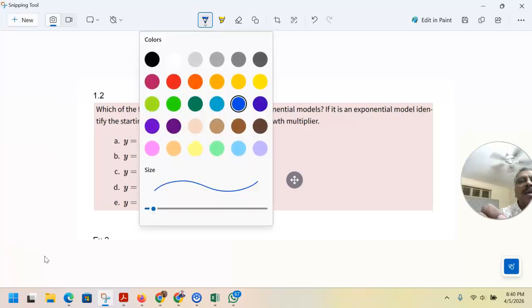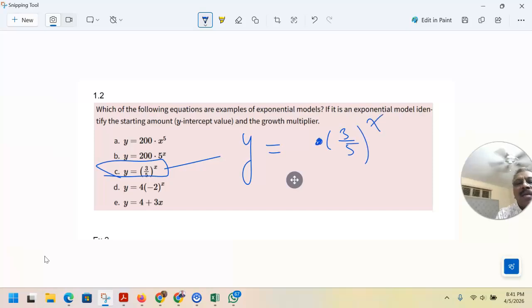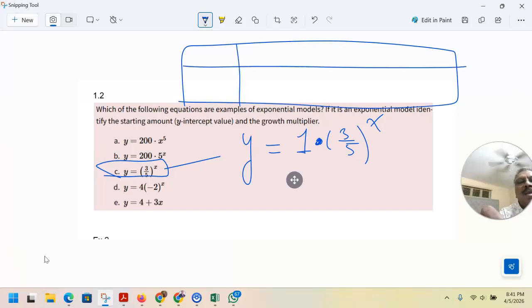Next is K. So now you already know what to do, right? So this is y equals, and there's no number in front of the 3/5, which means there's a 1 in the beginning. If you want to make a table like this, in the beginning, this is the input, output, x and y. So when x is 0, y is 1.